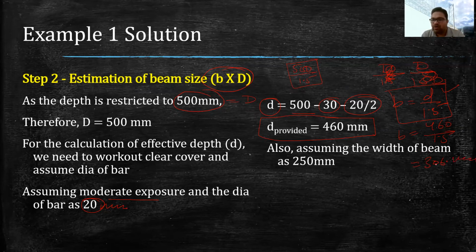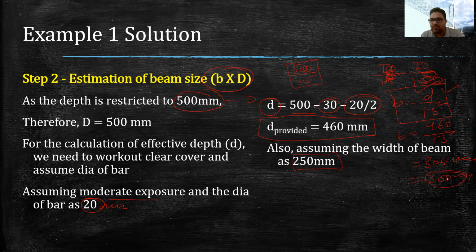So either we can take 300 mm also, but this time I am assuming 250 mm. Well, the width of beam is not as significant as the depth, but still the maximum limit of the width of beam will be given by this, but we can take a lesser value also. That doesn't mean that we can't take 300 mm.